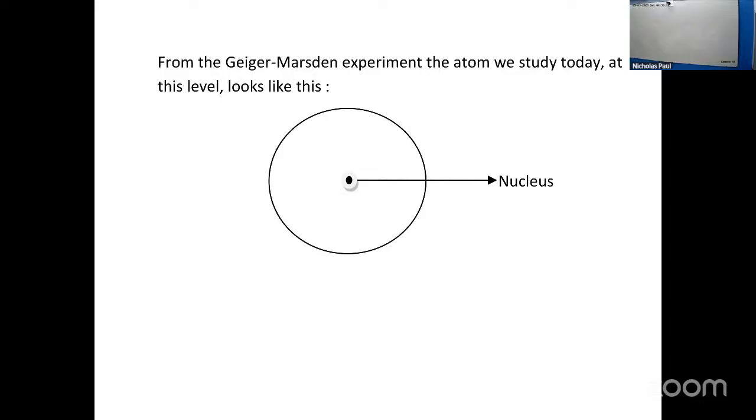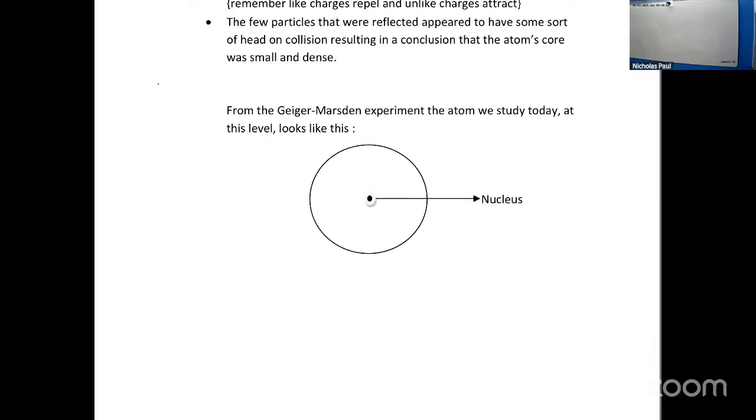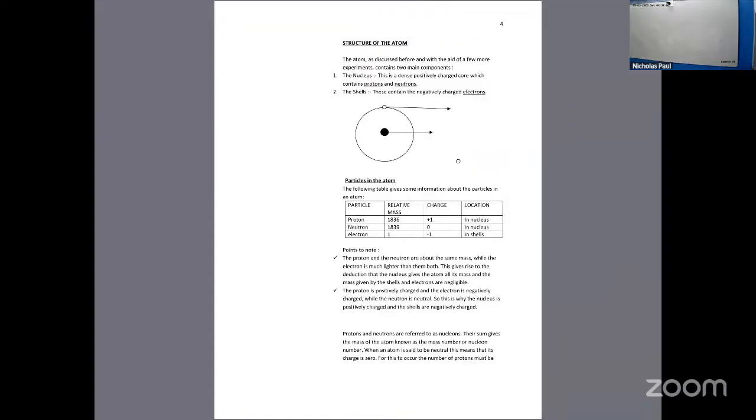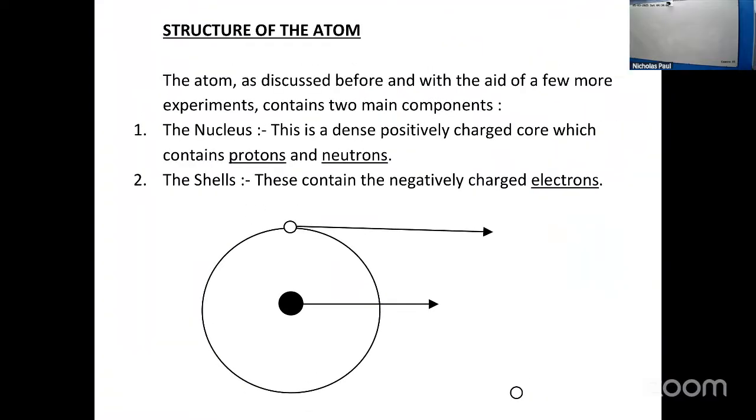From the Geiger-Marsden experiment, the atom that we studied today looks like that. Nucleus in the middle, shells around it. So we're going to take a look at the structure of the atom. You might know all this already from Form 1 or 2.